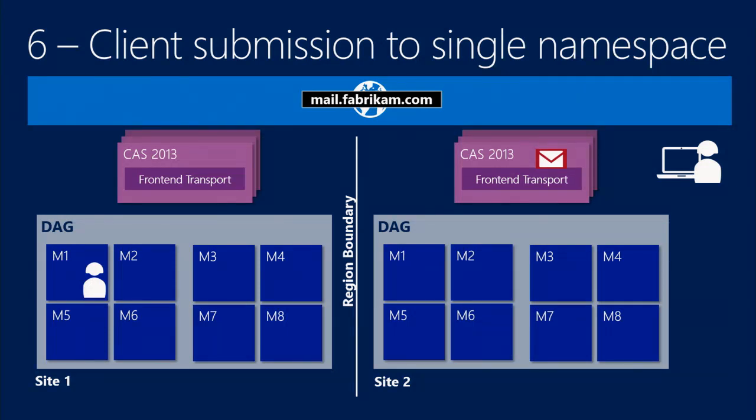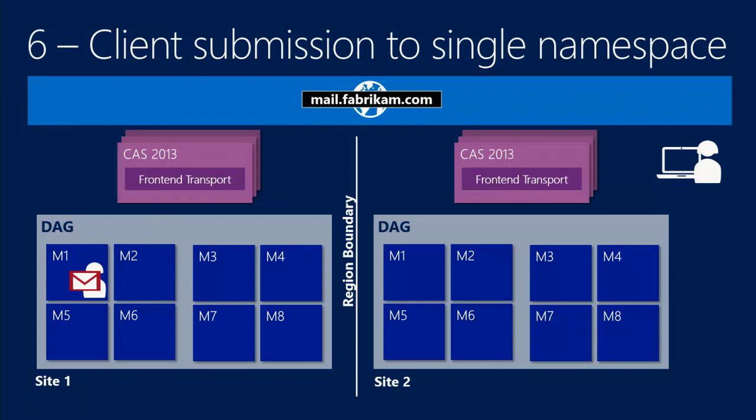It finds that Mary's mailbox is in the DAG in Site 1. So we're going to submit this message to a transport service on a mailbox server located in the DAG in which her mailbox resides.